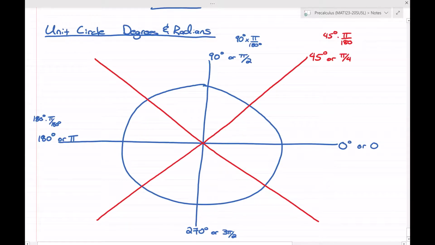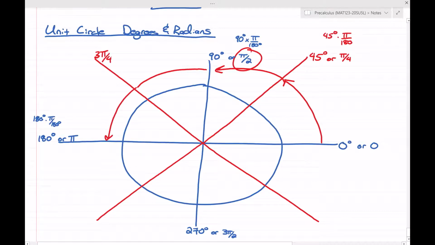Now let me show you why radians could be good. If that's 1 pi over 4 to get 45, this would be 2 pi over 4 because that's really 45 times 2, right? So that's 2 pi over 4, which is pi over 2. This would be 3 pi over 4. This would be 4 pi over 4.